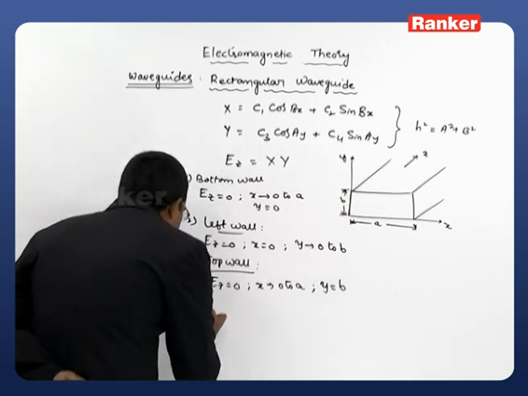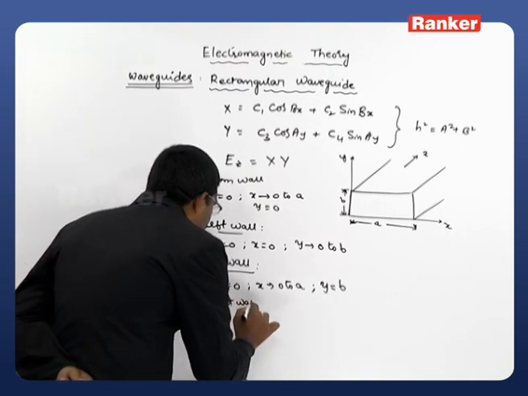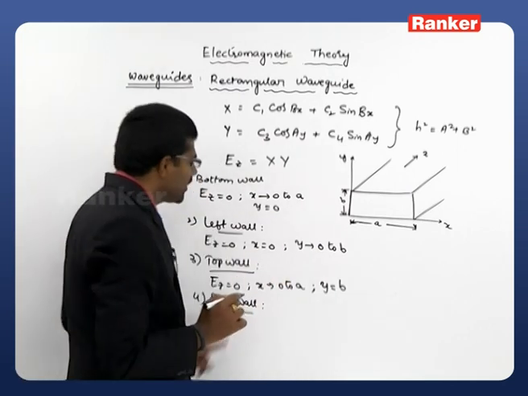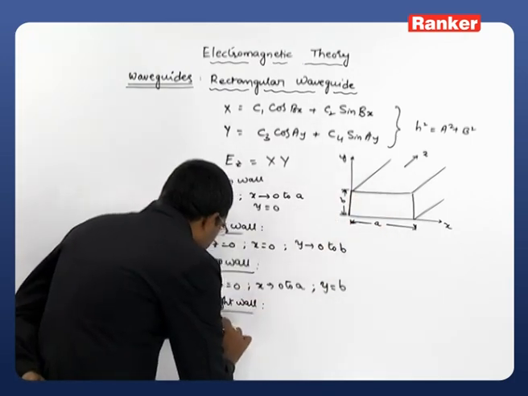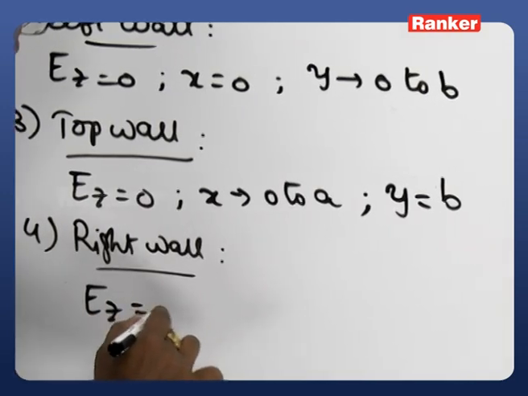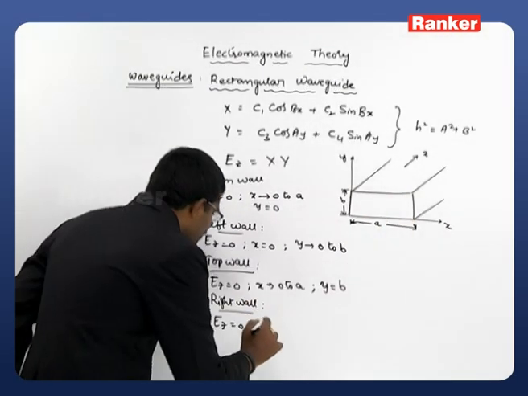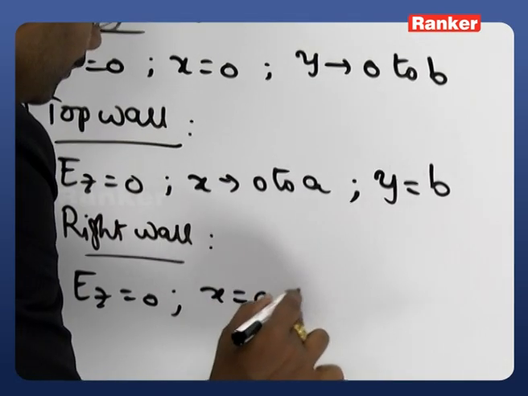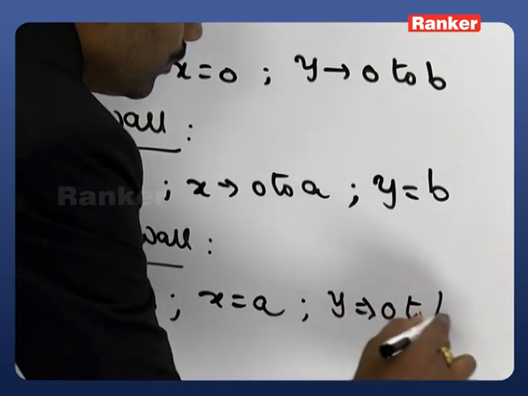Similarly, the right side wall. For the right side wall, what is the tangential component of our electric field? Ez. Ez is equal to 0. And for the right side wall, what is the value of x? X is equal to simply A. And y is extended from 0 to B.